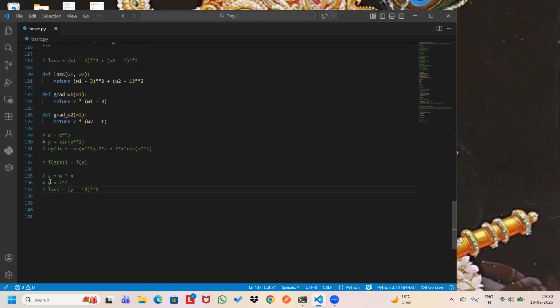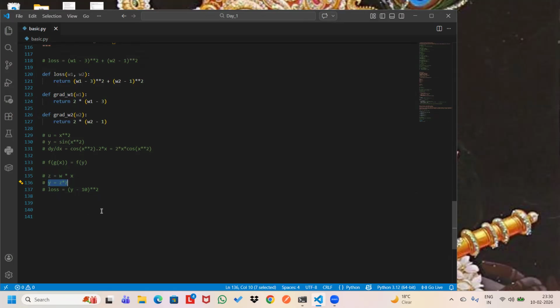This is my first function, and this is my second function. Now I'm going to use this function and define it into the loss. To get the change in the loss, I have to differentiate, and this will be done by the chain rule, because we are working with two functions.